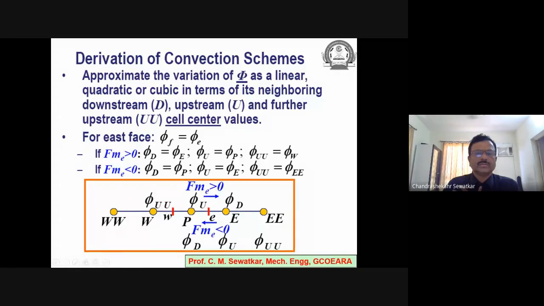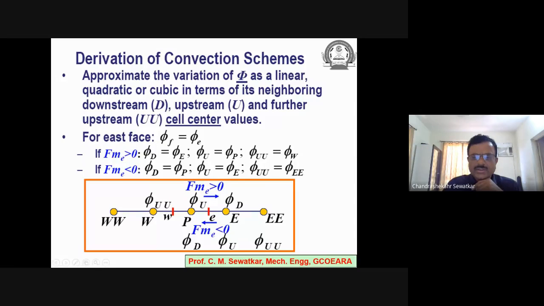For the sake of understanding, we will always consider the east face. So my phi f will always be equal to phi e. We will try to understand the expressions for determining the value of phi small e.